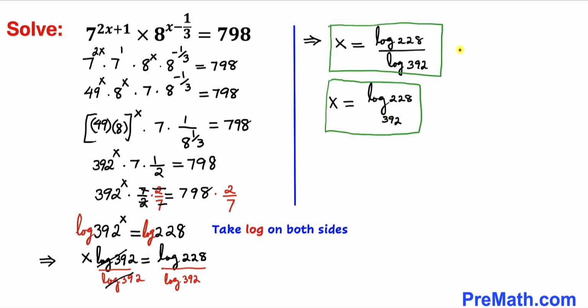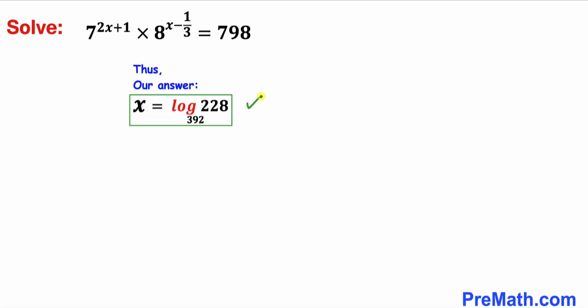So thus our solution could be written either in this form or this one. Both are perfectly alright. Here's our final solution, and if we use a scientific calculator, x is approximately equal to 0.91.